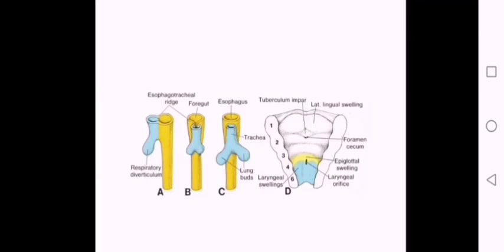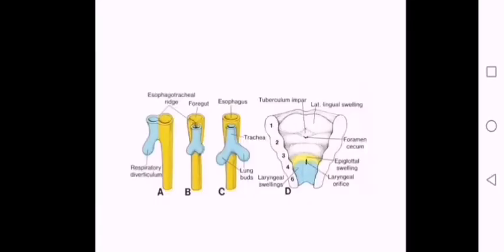Then this laryngotracheal diverticulum soon becomes separated from the primordial pharynx. However, it maintains a communication through the laryngeal inlet. Okay, through the laryngeal inlet, both the laryngotracheal diverticulum and the primordial pharynx are connected together, which will become the laryngeal inlet after that.